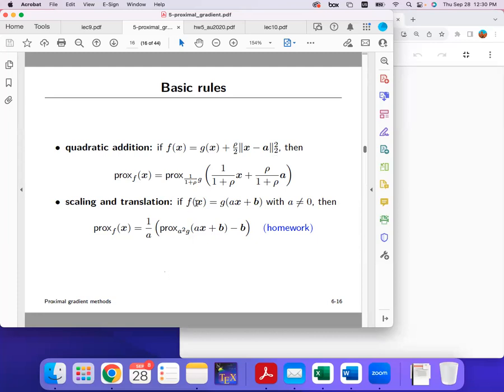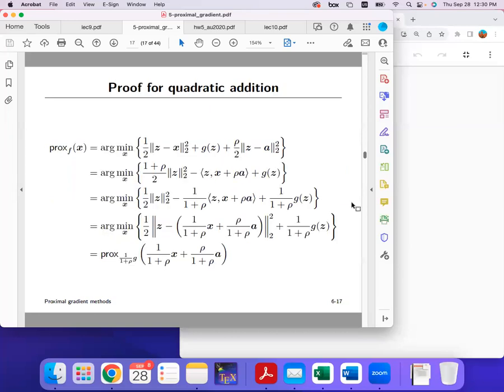Moreover, if f is given by another function g composed with an affine transformation, then this is the relation between their proximal mappings. For example, we can look at the quadratic addition. And the proof is straightforward.